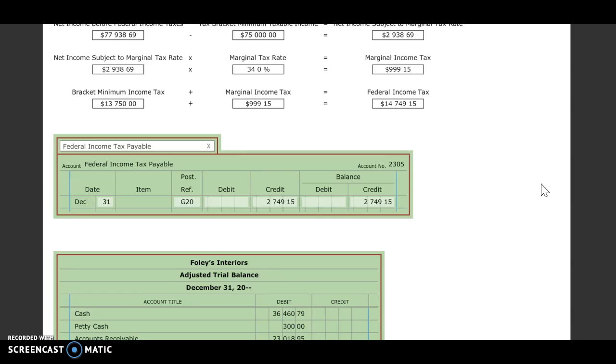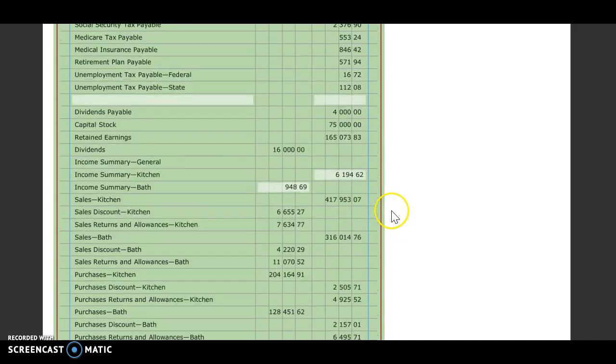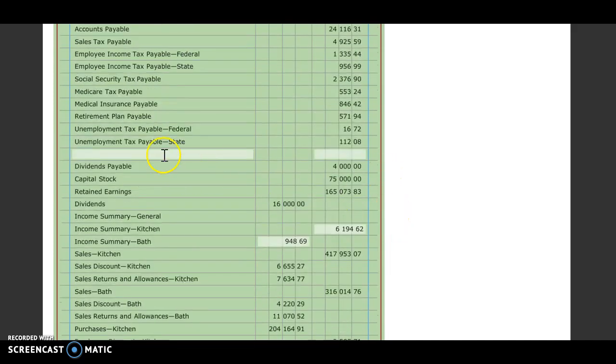Okay, so now we're done with step number 4. Now what we need to do is complete the adjusted trial balance. So when we go down to our adjusted trial balance, we have a couple things that still need to be inputted. So this one here, this is going to be our payable account, our federal income tax, what we just gave a balance to. It didn't have a balance before.